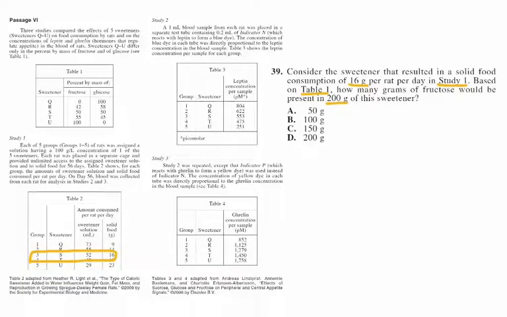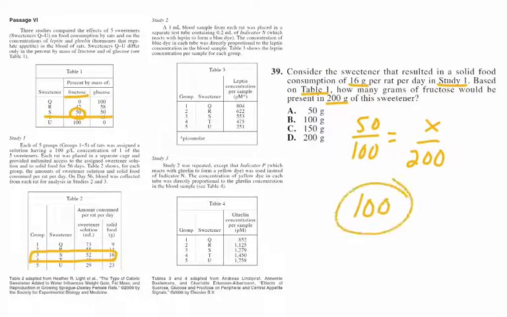So we go back to table 1, and we're going to look at sweetener S. When we look at percent of mass of fructose by volume, it is 50%. So in 200 grams, we need 50% of 200. I'm just going to set it up as a proportion just to see it. So 50% of 200 is 100. You can cross multiply if you needed to. So your answer has to be B.